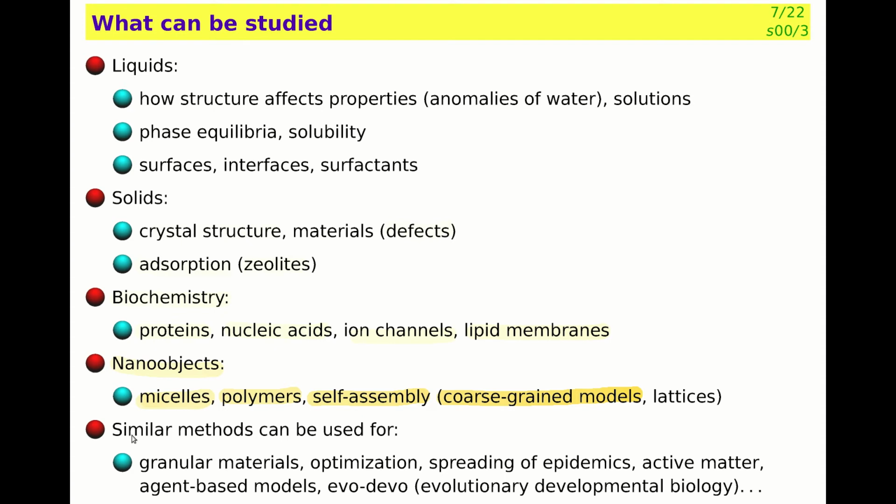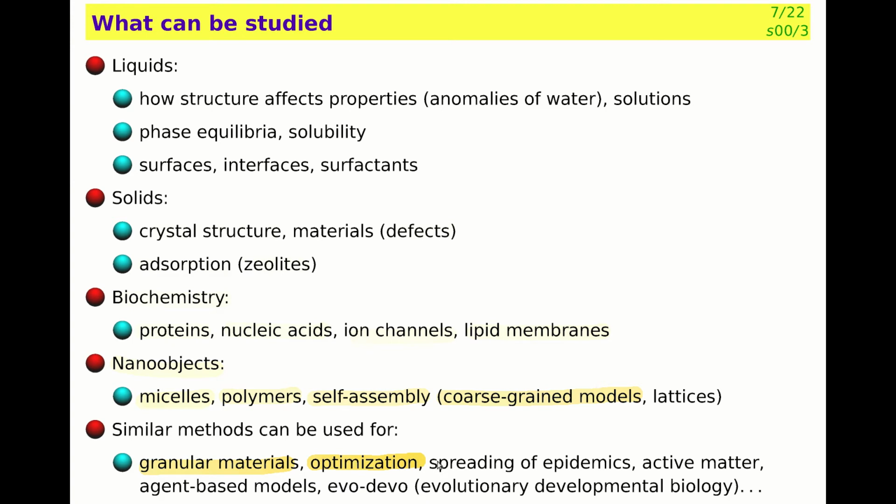But if we have a set of powerful methods how to simulate molecules, we can use similar methods for simulations of many other interesting things around us. We can study granular materials. We can use similar methods for optimization of whatever.